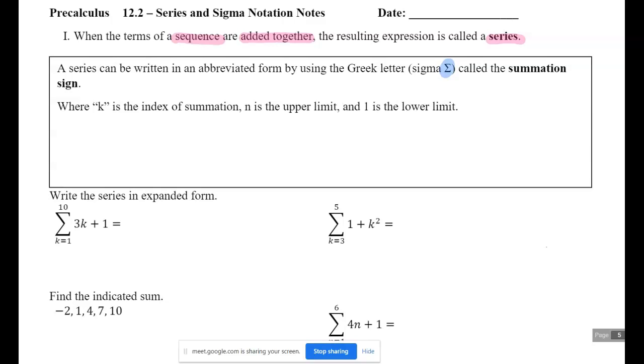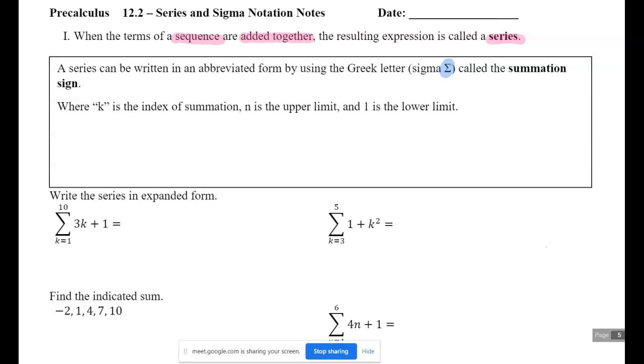And this sigma symbol actually means summation. It's the summation sign. If you ever are trying to go into Excel and add up a whole bunch of cells, this is the symbol used for summing those cells together.